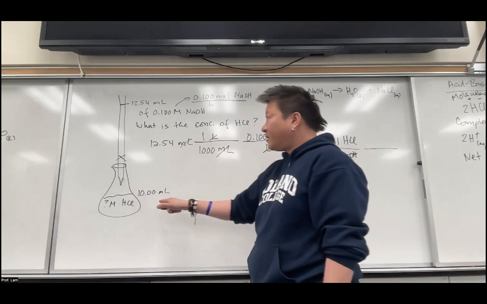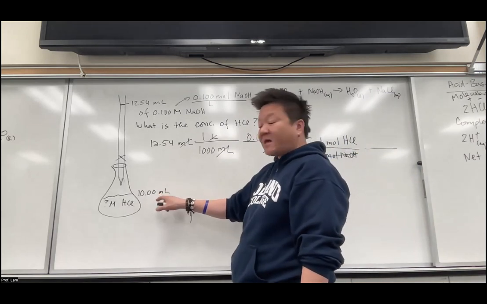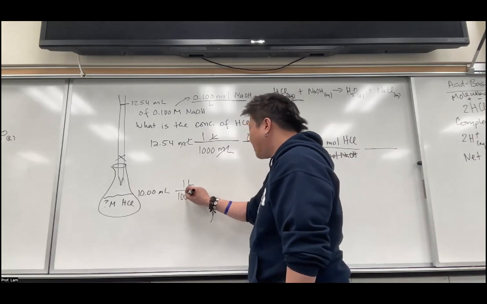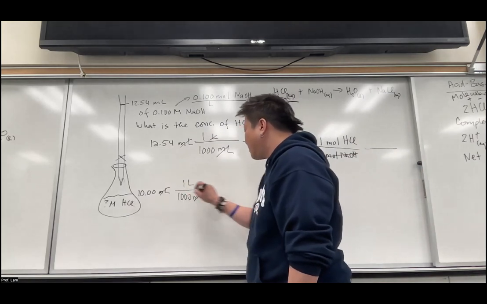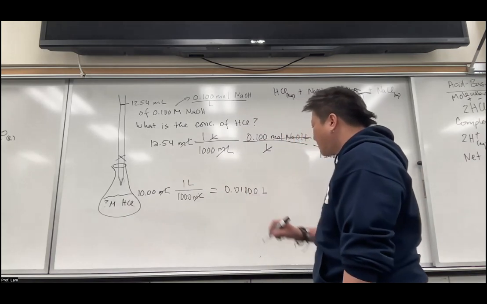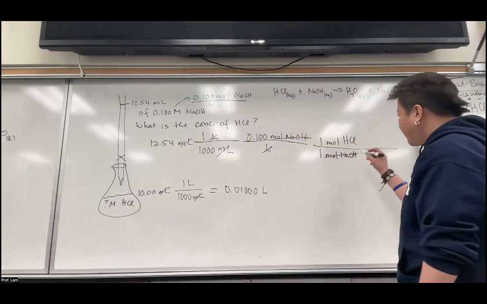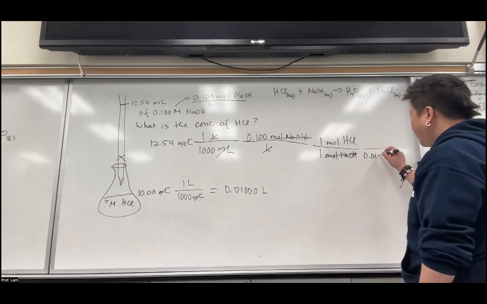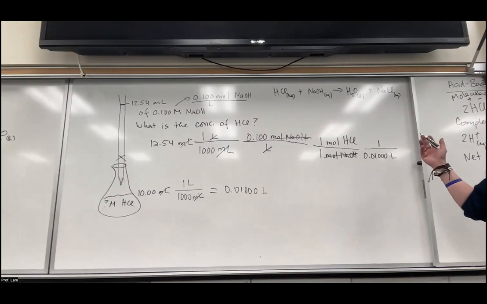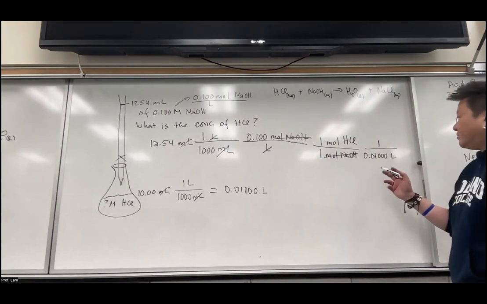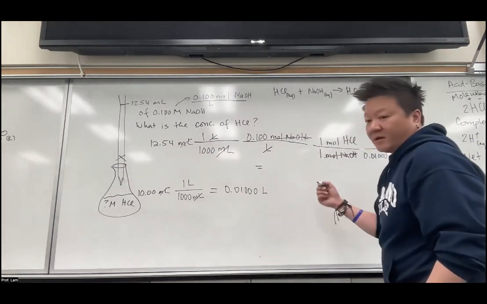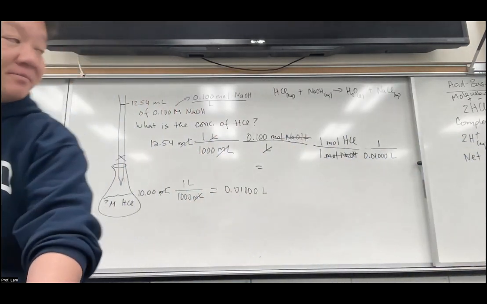And how much HCl do we have to begin with? 10 milliliters, which we can convert to liters. So that goes here, 0.01 liters. And here it's just a placeholder 1, right? So as you can see, now we have moles over liter as our unit. And then we just calculate, right?